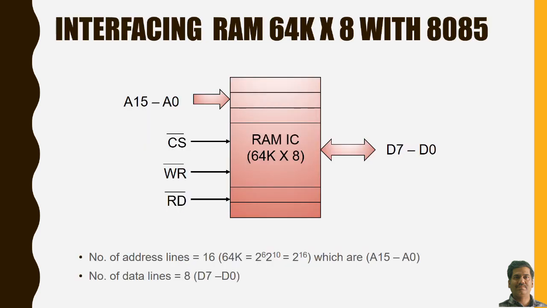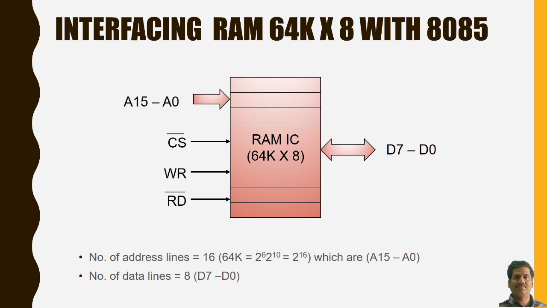Now let us start with the first problem of interfacing a random access memory 64K by 8 with 8085. Now this is the typical diagram shown for RAM IC with memory size of 64K by 8. The address lines required in this particular case are 2 to the power 16.